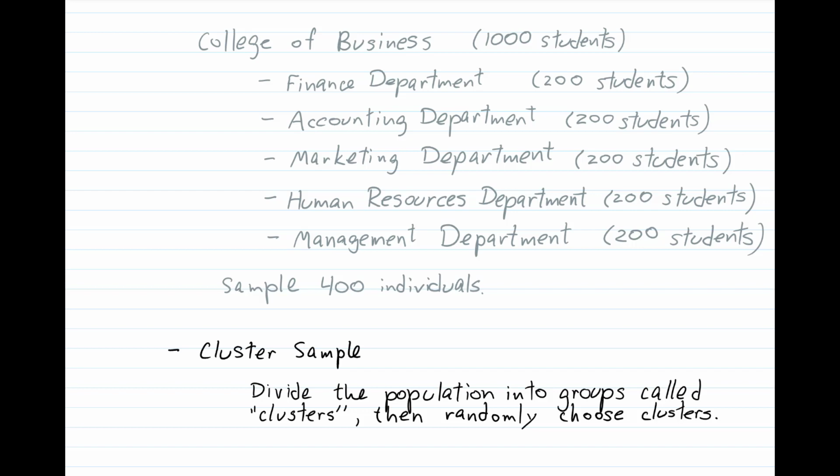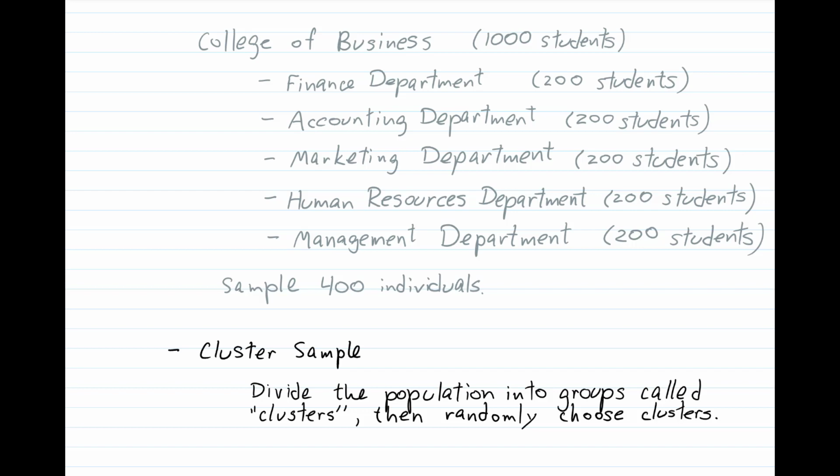Then you would have 10 groups of 100. And you could randomly choose one of those groups. Okay? That's called a cluster sample.